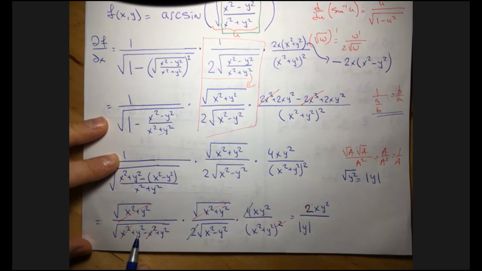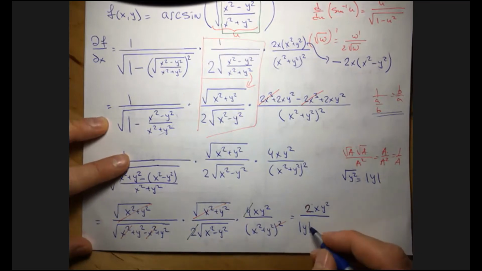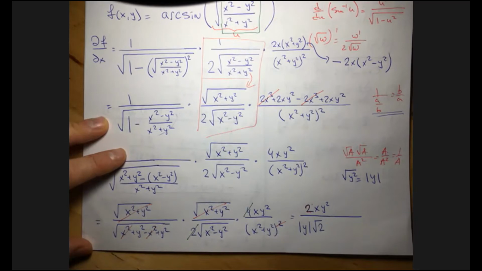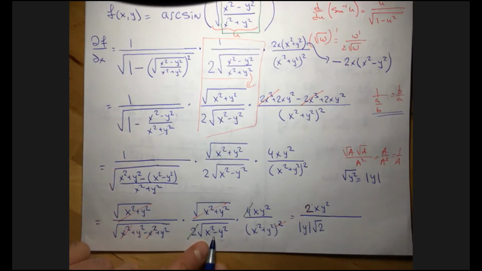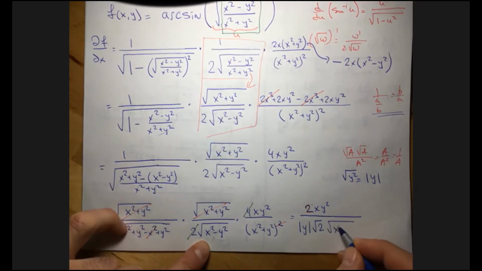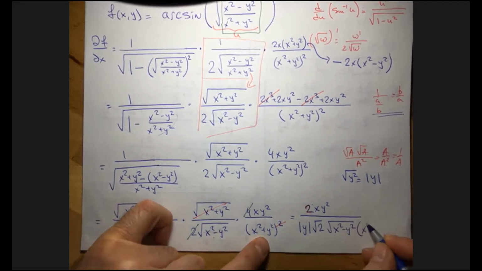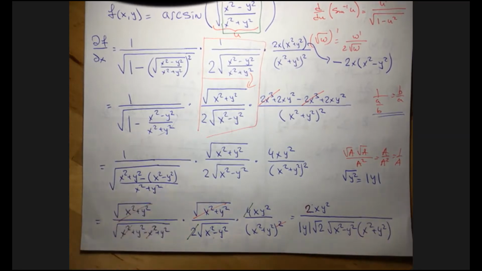But here I don't have y squared, but y squared plus y squared is 2y squared, right? So I'm left with square root of 2. Okay. Times square root of x squared minus y squared times x squared plus y squared. And this is your answer.